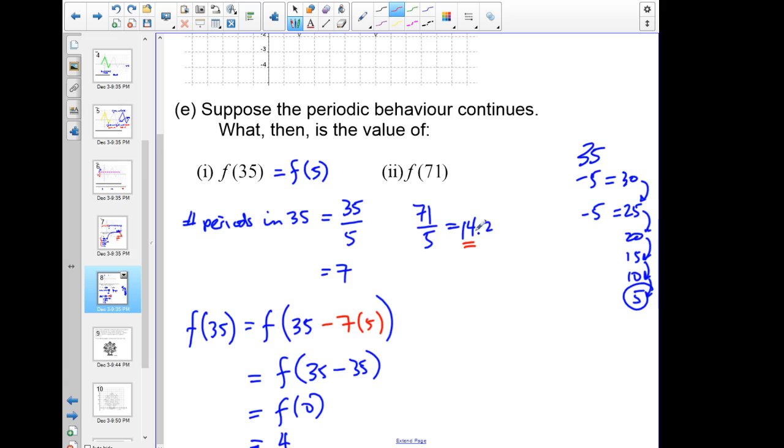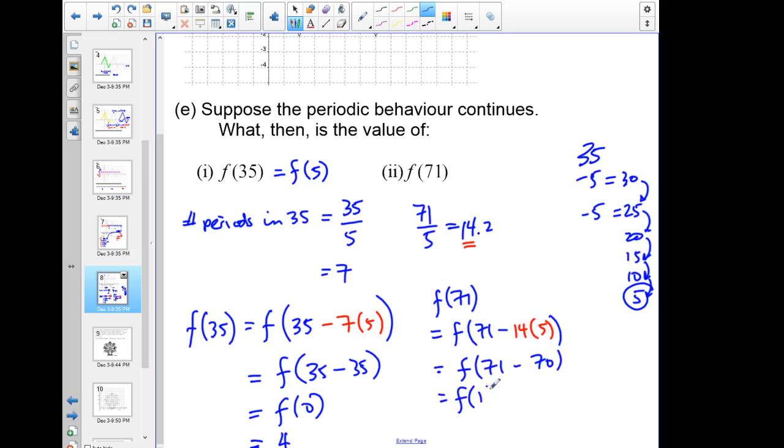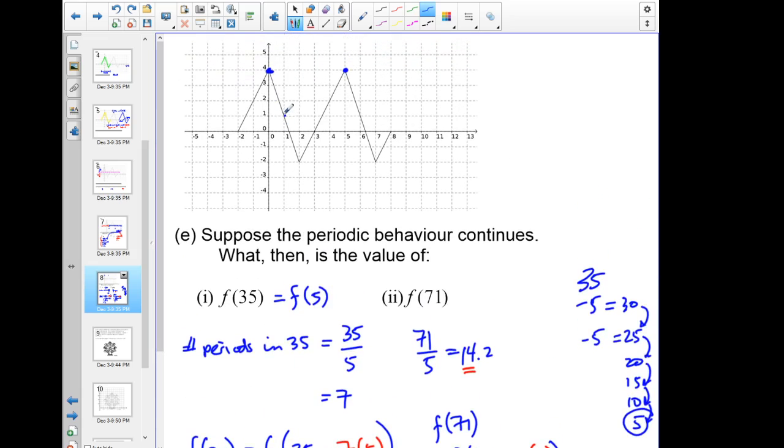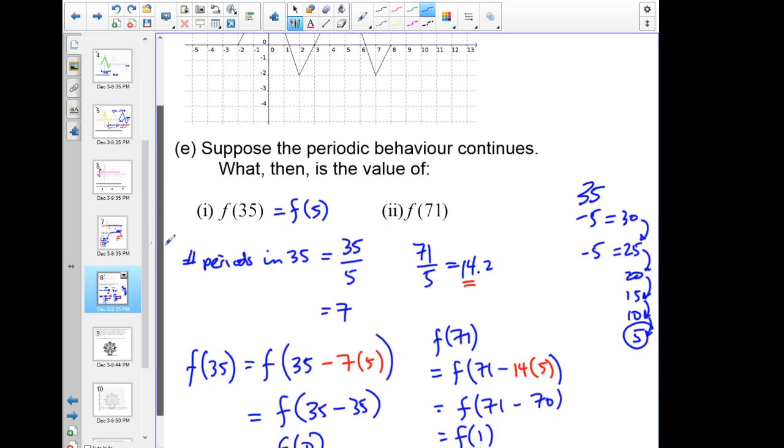So we could then say that f of 71, me doing it the exact same way I did over here, is the same as f of 71 minus 14 whole periods, which ends up being f of 71 minus 70, and that's f of 1, and from our graph we can read f of 1 directly. f of 1 is equal to 1.